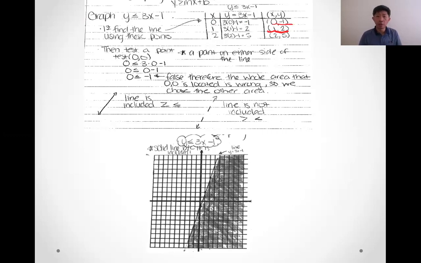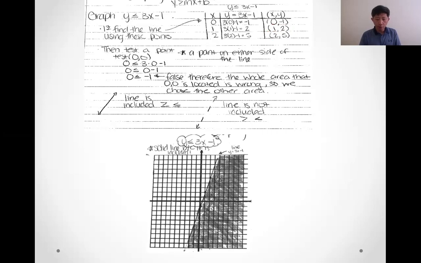Now, what about if I add an additional point? Yes, we can add a third point to double check. So I double check by putting 2 for x, and y actually is 5, okay?